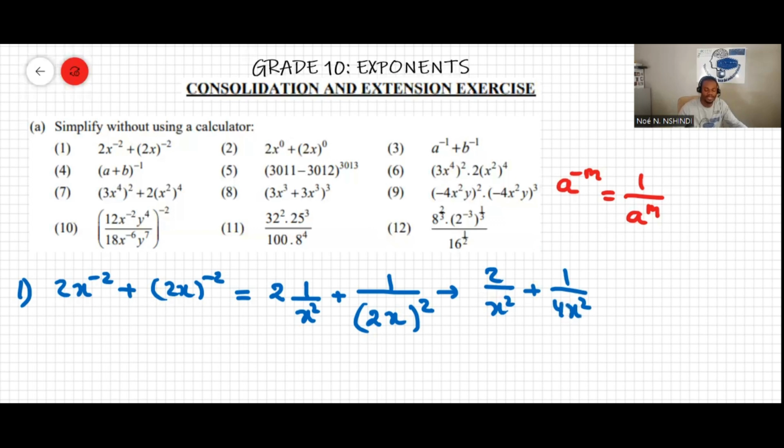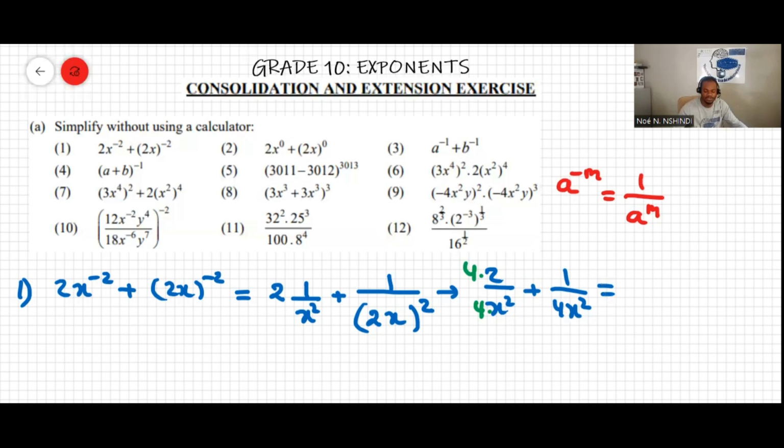Now that we have fractions here, we can try to make the denominators common, because to add fractions we need a common denominator. To do that, I must multiply here by 4, because if I multiply the denominator by 4, they will be common. But if I multiply the denominator by 4, I must also multiply the numerator by 4 to keep the fraction even.